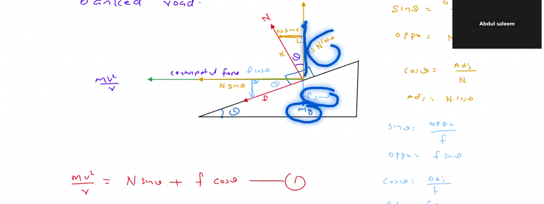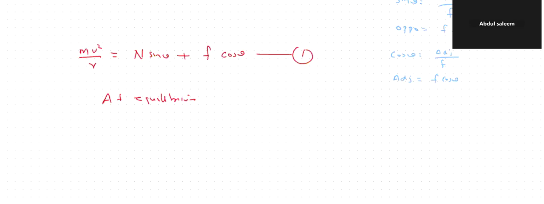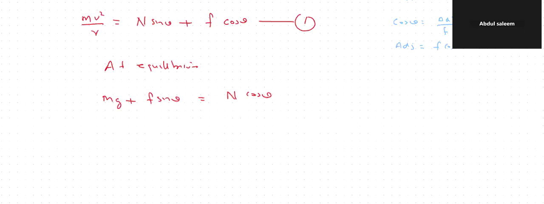So at equilibrium, mg plus F sin theta is balanced with N cos theta. That is, N cos theta equal to mg plus F sin theta. We obtain another relation.